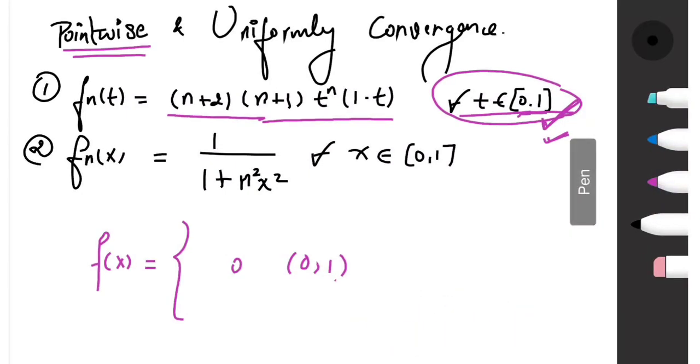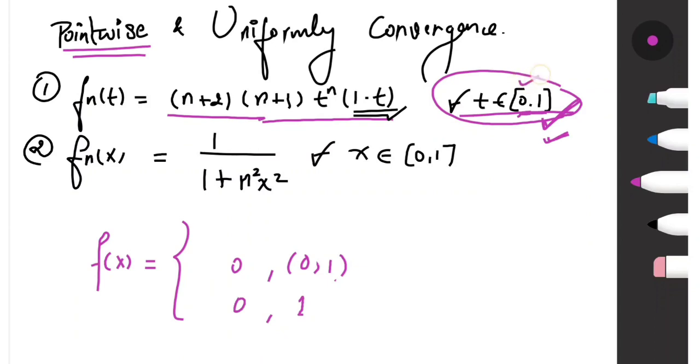As we put t equal to 1, the factor (1 - t) will be 0 and we will get 0. If we put t equal to 0, then t to the power n will be 0, and this will become 0.